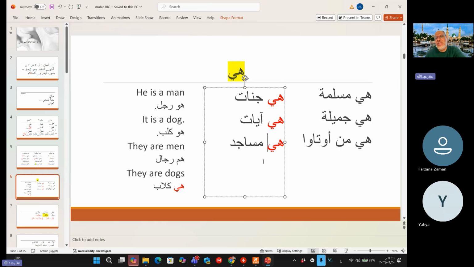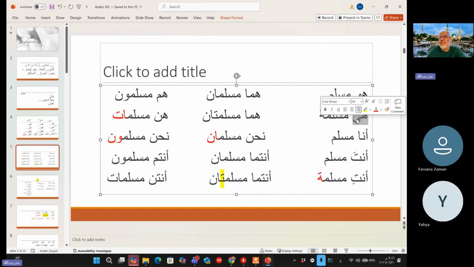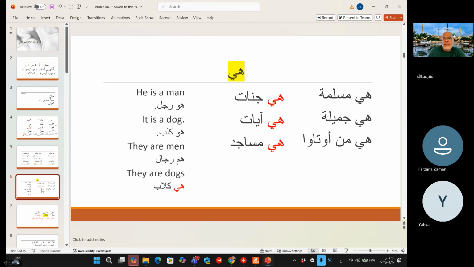And that's why we call it the 16th pronoun. So this hiya is different from the singular hiya, the female singular. In your homework, some of you got hiya jannah, which is right, and hiya jannat, which is also right.